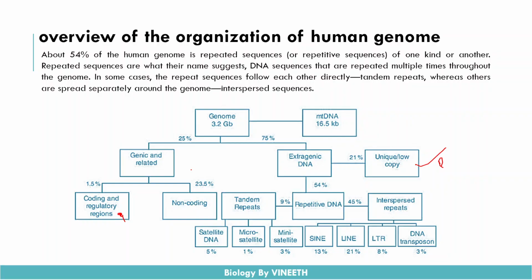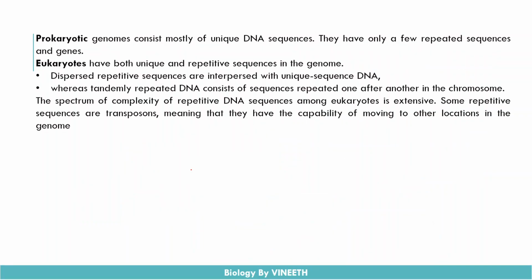Then we have the differences between repetitive sequences in prokaryotes and eukaryotes. Prokaryotes mainly contain unique DNA sequences, mostly because they have a limited amount of genetic material, so there is little chance of having repetitive sequences.